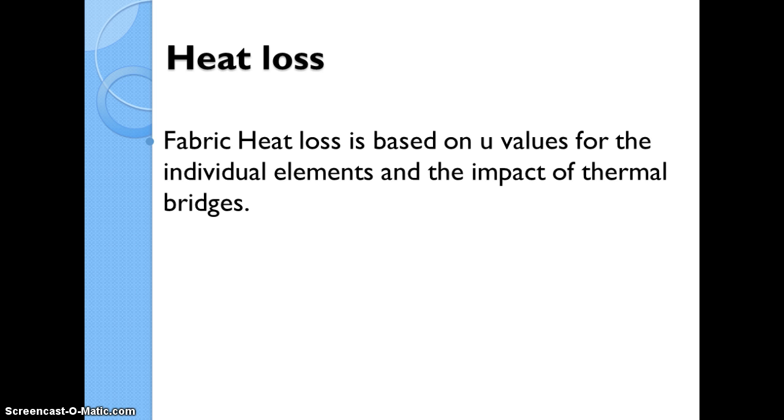The topics covered in section C, essentially, as you've covered these fairly recently in the last few months, so it should be fairly fresh in your mind, but essentially heat loss, particularly fabric heat loss, is based on U values for the individual elements of the wall and the impact of thermal bridges.